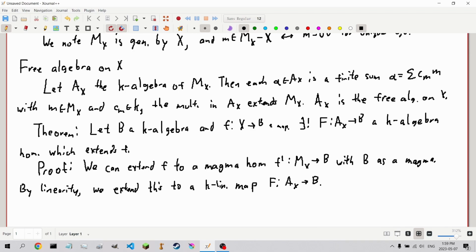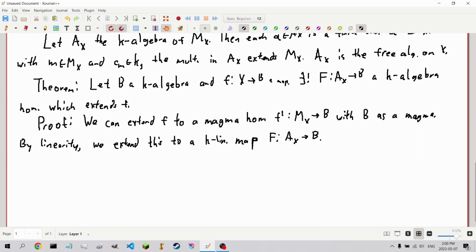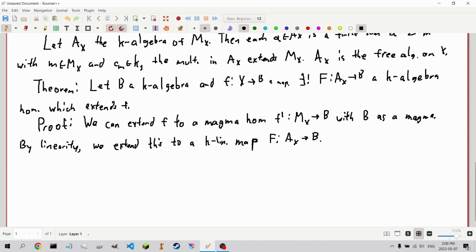And it's unique because our first extension is unique from our previous result, and then we're just extending it linearly. So there's only one way to do that. My explanations are kind of rough here, I'm sorry, but I know what I'm talking about. This is ultimately for me, and I know what I'm saying.